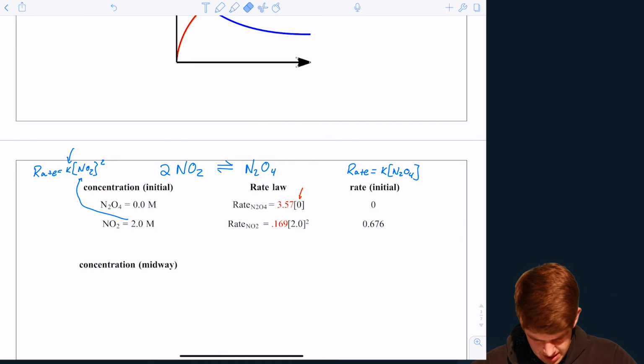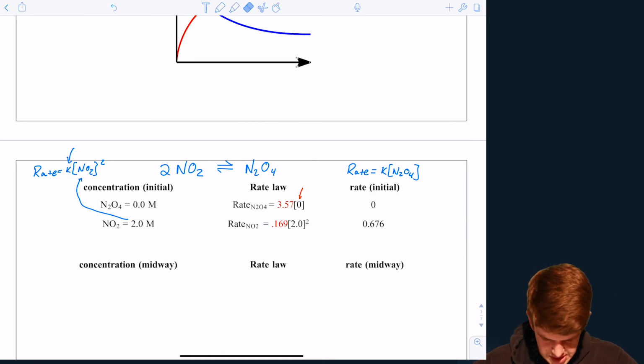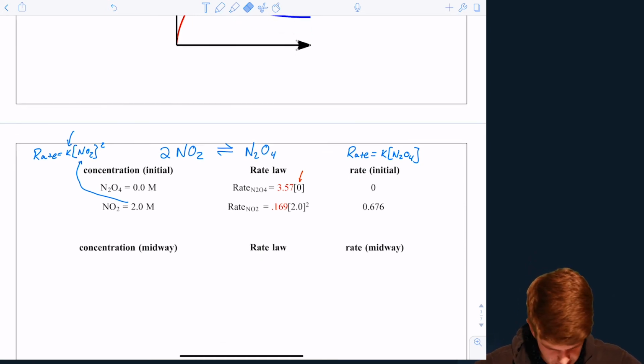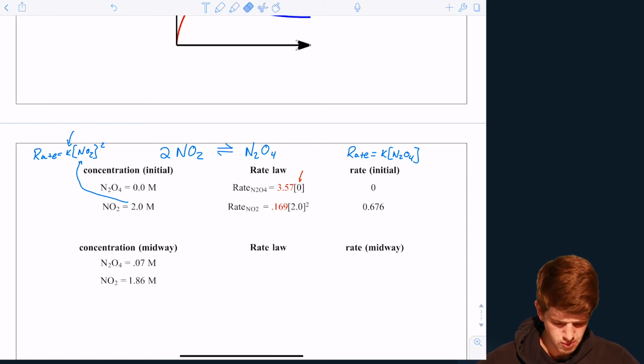We're now halfway through the reaction progress towards equilibrium. We are going to have the concentration, rate law, and rate again. And let's say halfway through, we find that we have an N2O4 concentration of 0.07 and an NO2 concentration of 1.86. Now, you might be saying to yourself, well, I have these two concentrations of these different molecules, but that doesn't add up to 2.